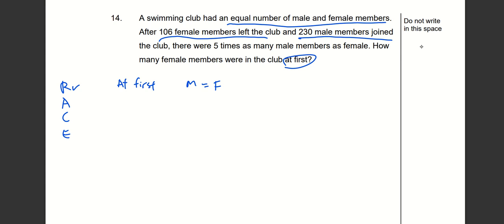After that, there's a change in the relationship, which is quite important. It's 5 times as many male members as female, likely at the end of the story. So at first they were the same, but in the end the male members are 5 times that of the female.